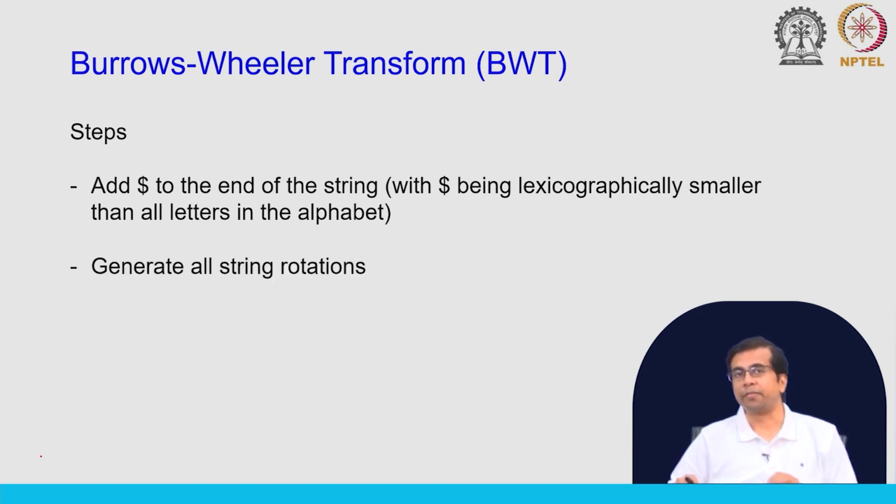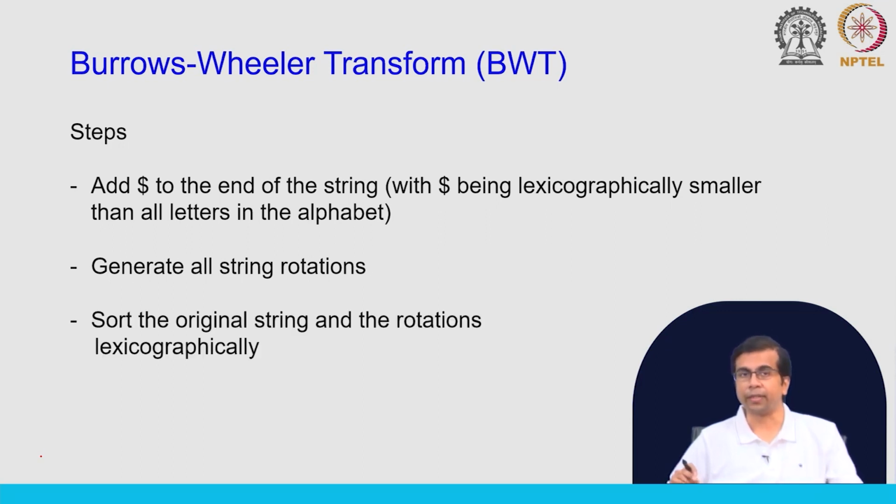Then we do something called string rotations. We generate all possible string rotations from the reference sequence. We will see how this works in a moment with an example. Once we have generated these string rotations of the original reference sequence, we do sorting. We sort the original string and its rotations lexicographically. We have seen lexicographical sorting in the case of the suffix array, so here is a similar idea.